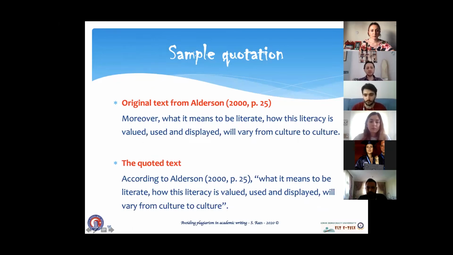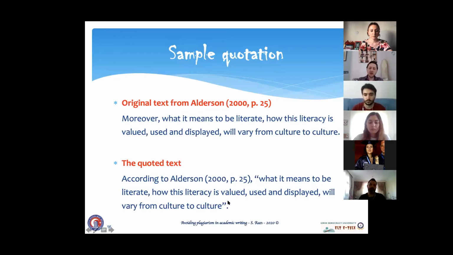And what do I do? I want to directly copy this information and then paste it into my paper. What do I need to do? I need to put this into double quotation marks, and then I need to add an in-text citation. How do I do it here? According to Alderson, I introduced the quoted expression here by using the author's surname, and then in parentheses, I use date of publication in addition to page number.